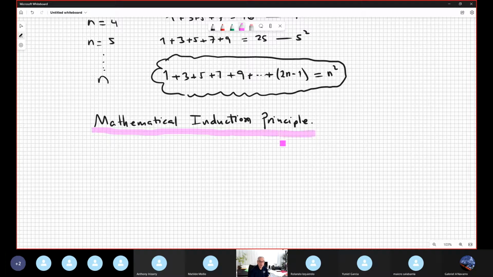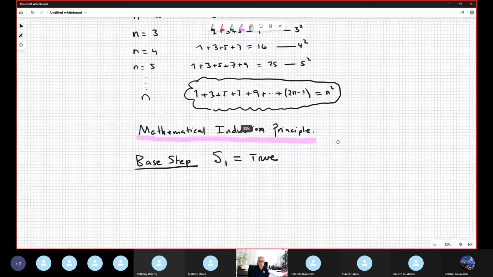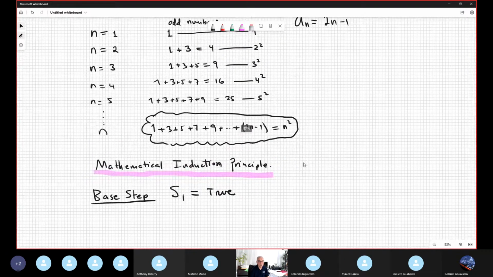The first step is called the base step because it's the first, and it's super easy. You prove somehow that statement 1 is true. In this motivation example, statement 1 was at n equals 1. It's true because 1 is equal to 1 squared.